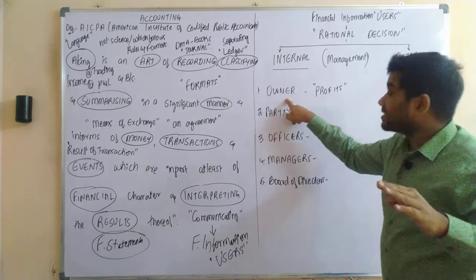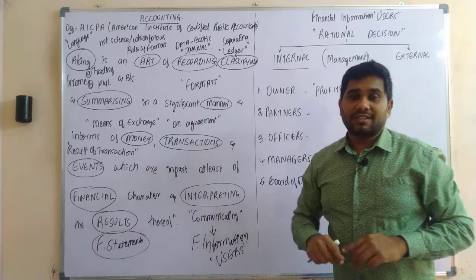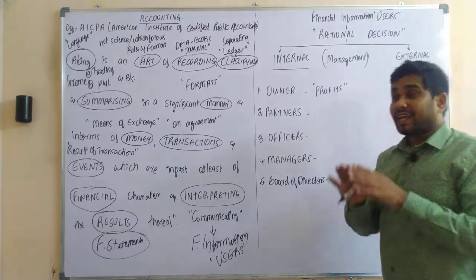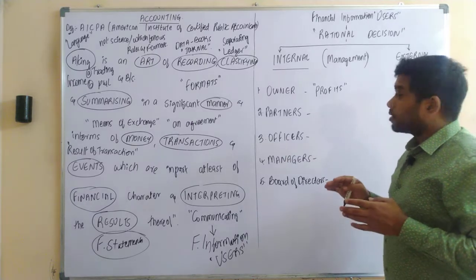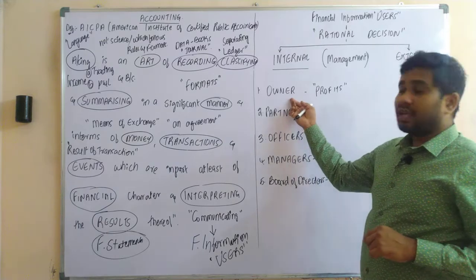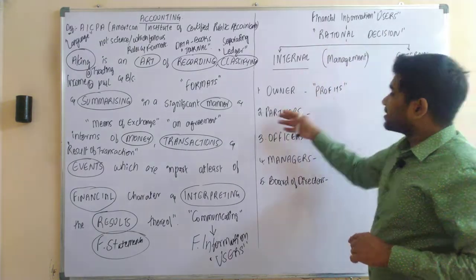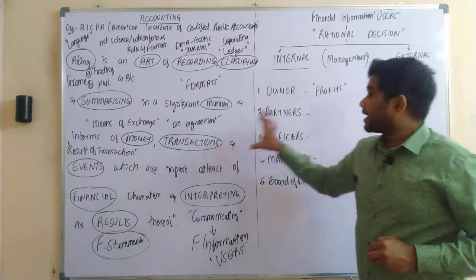If the company is doing good, he can continue the business. If the company is not doing good, he can close the business. So to know his financial status, Mr. Owner would be taking a rational decision depending upon the financial statements. That means if the financial statements are good, he can continue the business.